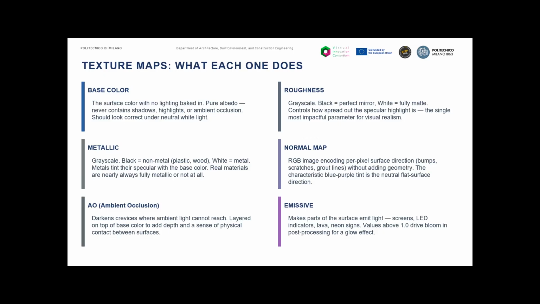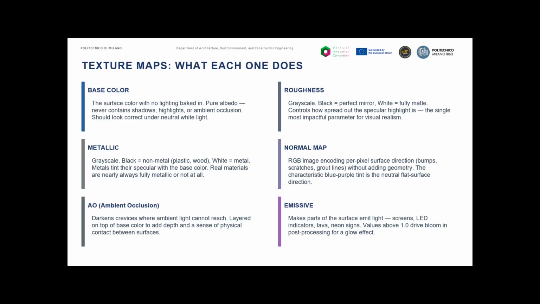A normal map instead is an RGB image encoding per-pixel surface direction. The characteristic is a blue-purple appearance, which corresponds to the neutral state. It lets you represent bumps, scratches, grout, and so on. Then we have ambient occlusion, the dark parts.